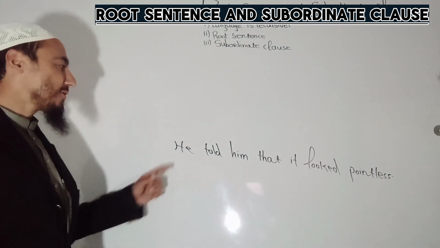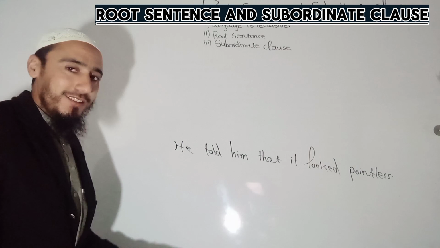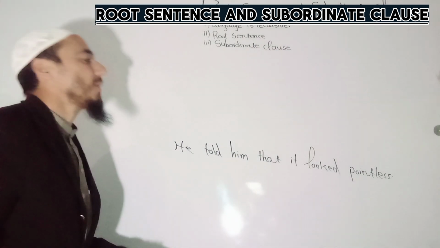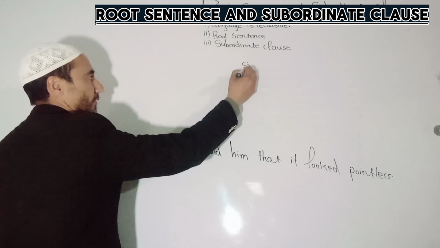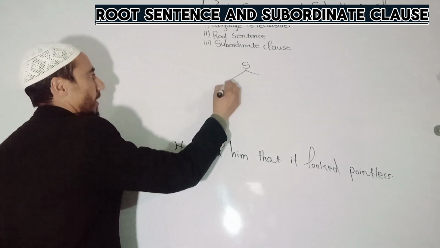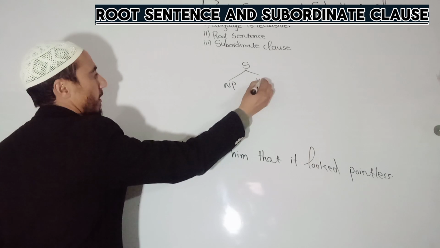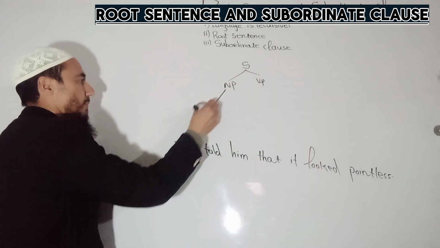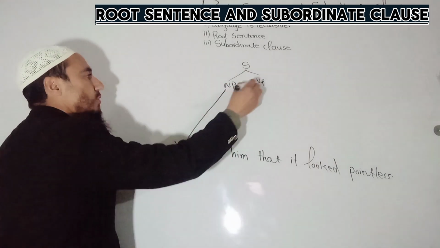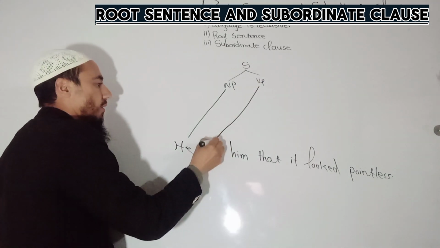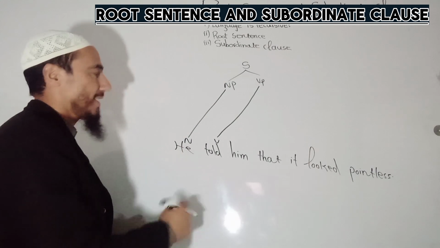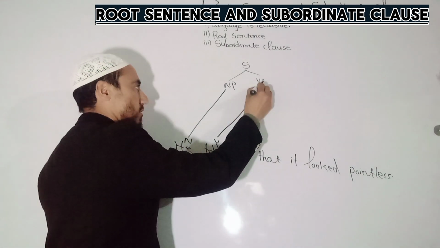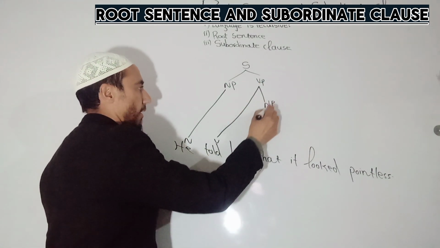Now, listeners and audience, I'm drawing the tree structure of it, then it will be clear. We have S, and in S we have NP and VP. NP is "he," and VP has the verb "told," and "him," that is NP.